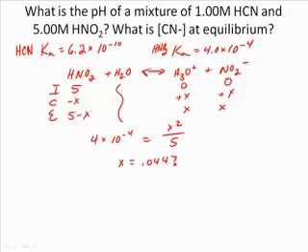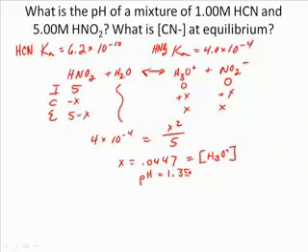Let's just check that. Divide by 5, and that's less than 1%, so we're good with that. That is my hydronium concentration, and so the pH then is going to be 1.35.